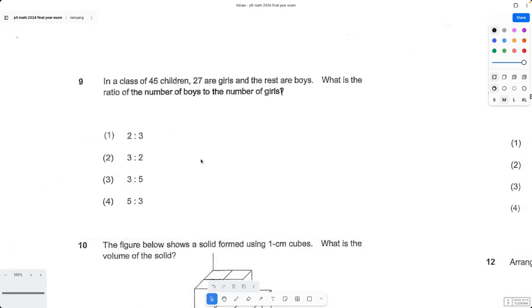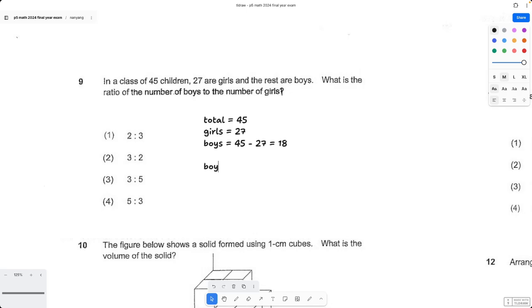Question number 9. In a class of 45 children, 27 are girls and the rest are boys. What's the ratio number of boys to girls? So we know girls is equal to 27. Then we also know the total is equal to 45. And then boys is equal to 45 minus 27. This will give us 18.